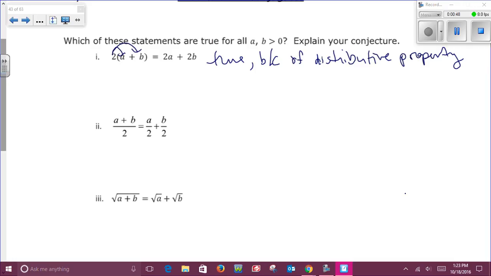And then for part 2, is a plus b divided by 2 equal to a over 2 plus b over 2? The answer there is yes, because we can do our regular division, and we can divide a by 2, and we can divide b by 2, and you can have 2 separate fractions. So this is true, because this is just division.